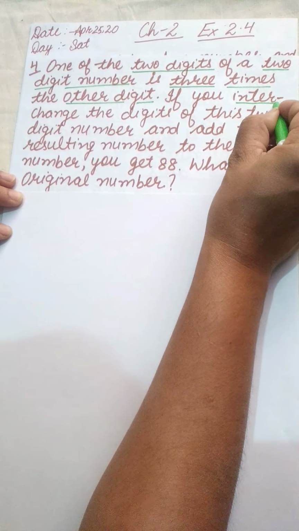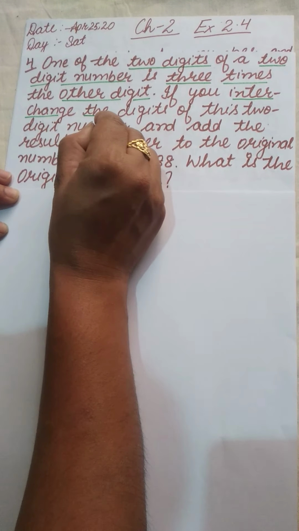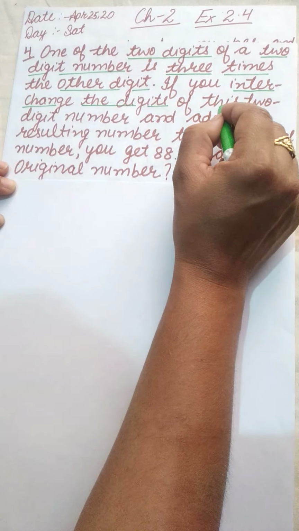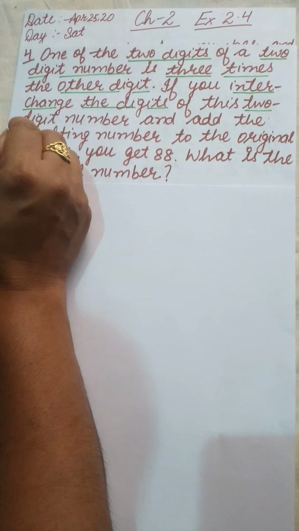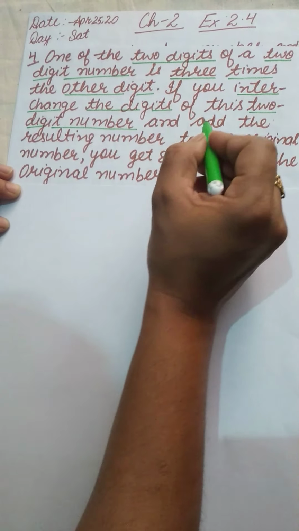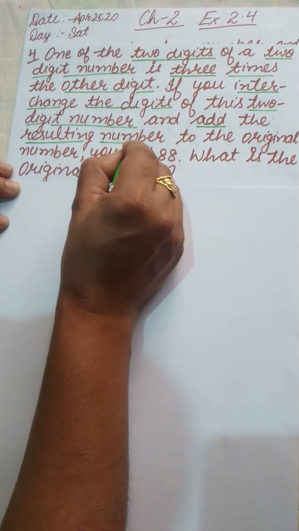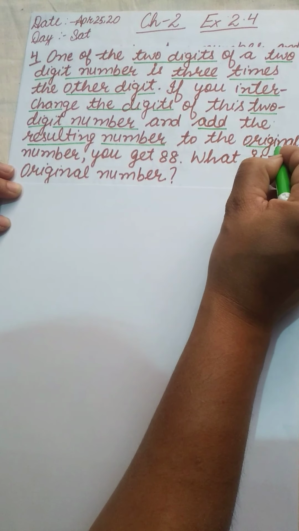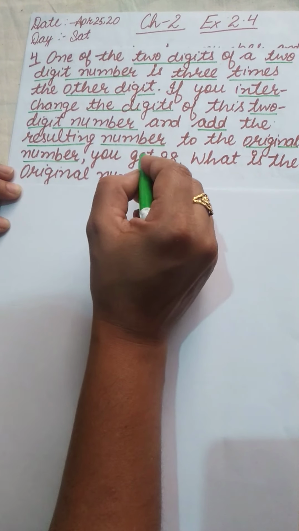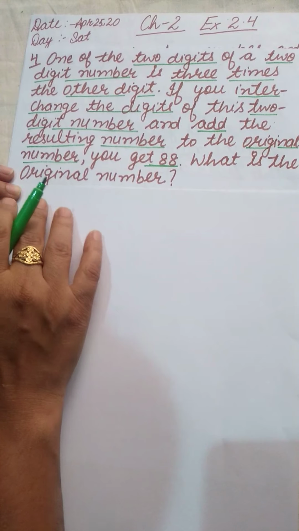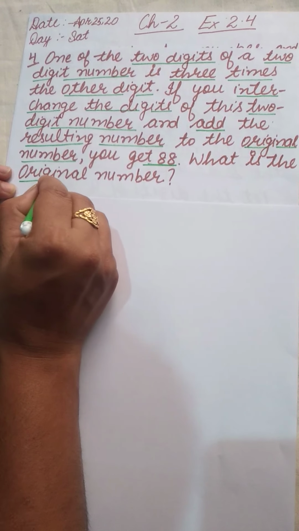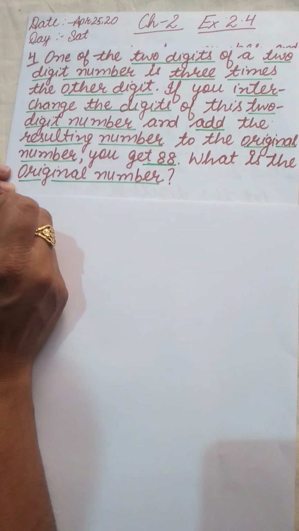If you interchange the digits of this two-digit number and add the resulting new number to the original number, you get 88. What is the original number?